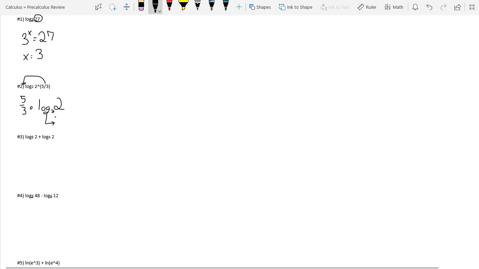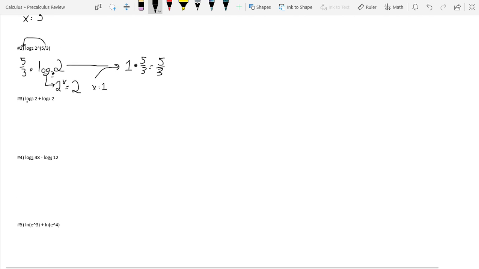And I'll solve this here. So this is my base 2, 2 raised to x equals 2, and x equals 1 in this case. I'll bring 1 times 5 thirds, which equals 5 thirds. And that's my answer to number 2, 5 thirds.